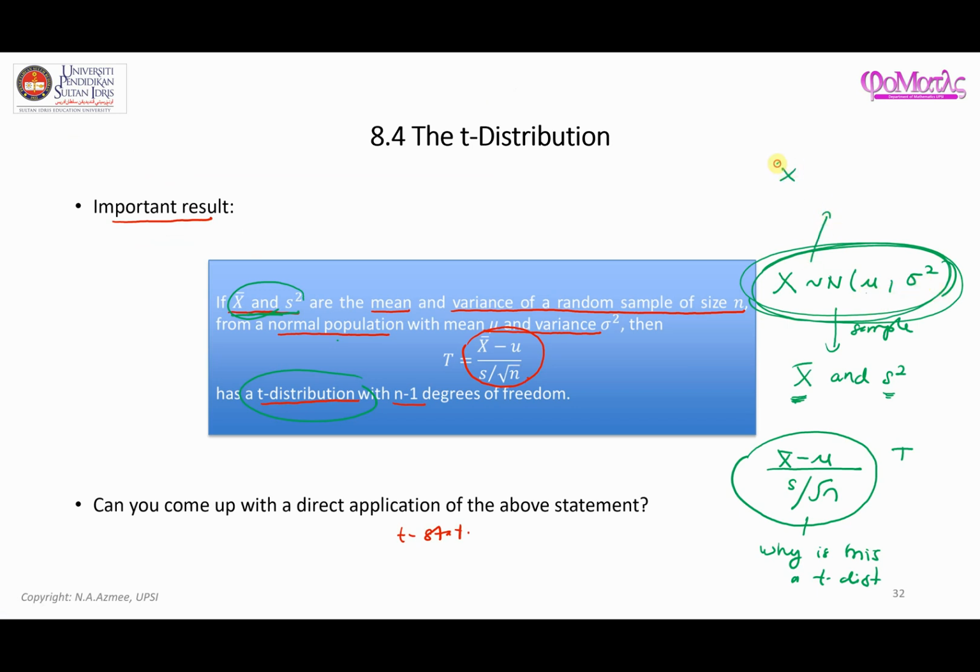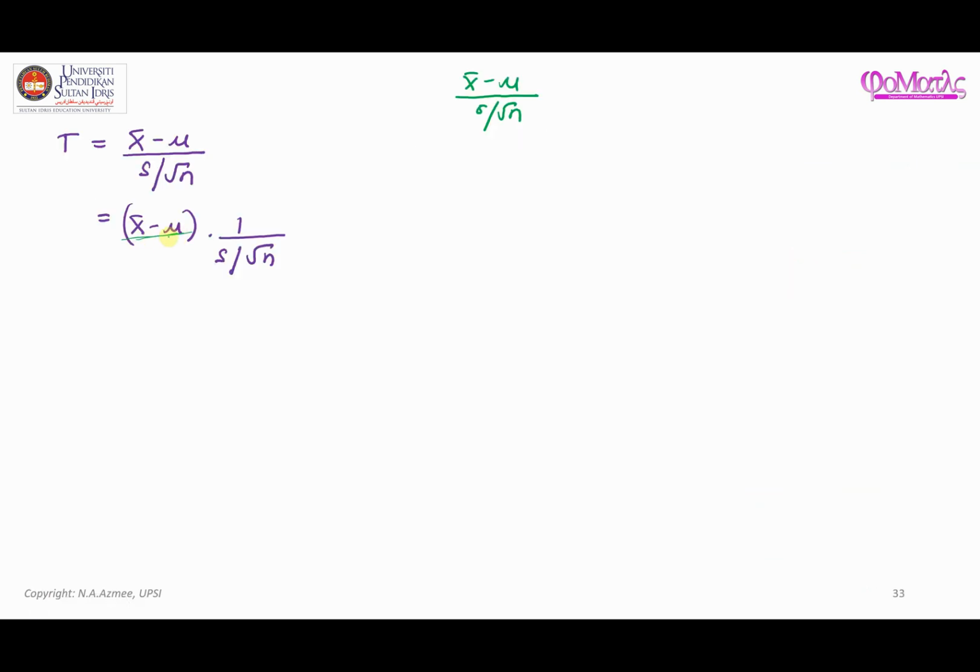Therefore, based on the sampling distribution of the sample mean, x bar also is going to be normal with mean mu and variance sigma squared over n. And therefore, if I divide this by sigma over square root n, the whole thing is going to be z, a standard normal random variable. I have shown this in the previous video related to the chi-square distribution and in the sampling distribution of the sample mean.